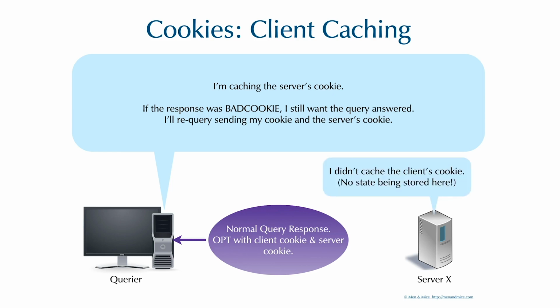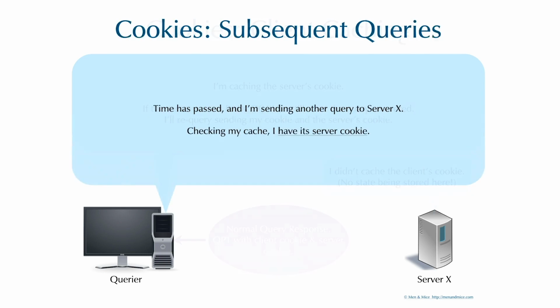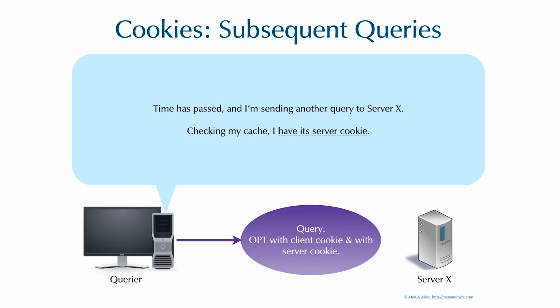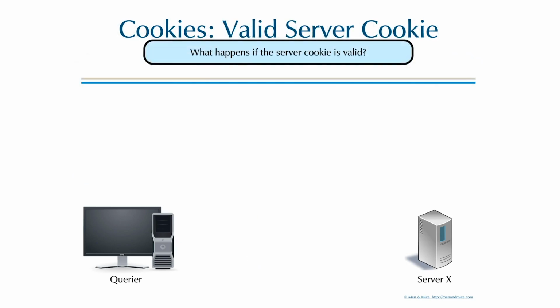So the client, the querier, has protected itself from getting a bogus response. And if it's an RDNS server, it's prevented cache poisoning. And the owner of the domain name has been protected as well. If the query had been for ripe.ca, only an answer coming from the valid server is going to be accepted.